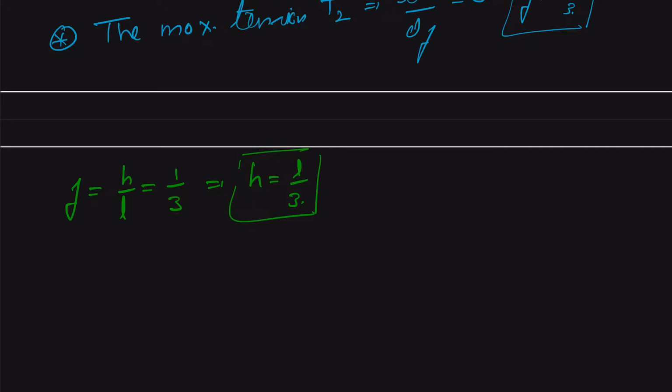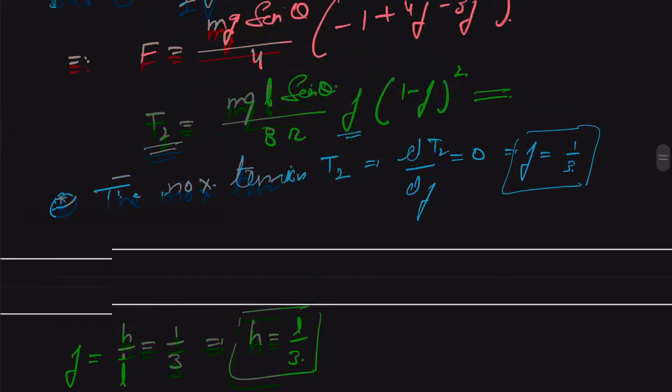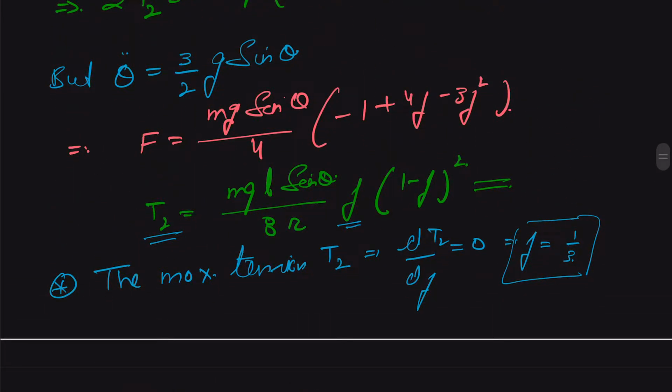And in this case, if we want to find the value of force F, and we substitute f equal to 1 by 3 in this equation, this particular value of F will be equal to 0. So it means when the tension T2 is maximum, the transverse force is equal to 0.